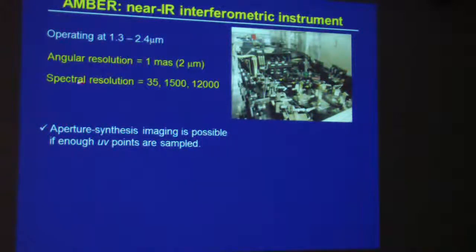And the beauty of AMBER is we can have spectral resolutions of 35, 1500, and 12,000. And aperture synthesis imaging is also possible. I don't think it's as straightforward as in radio astronomy, but it's possible if enough UV points are sampled. And this is exactly what I'm going to show in this talk.